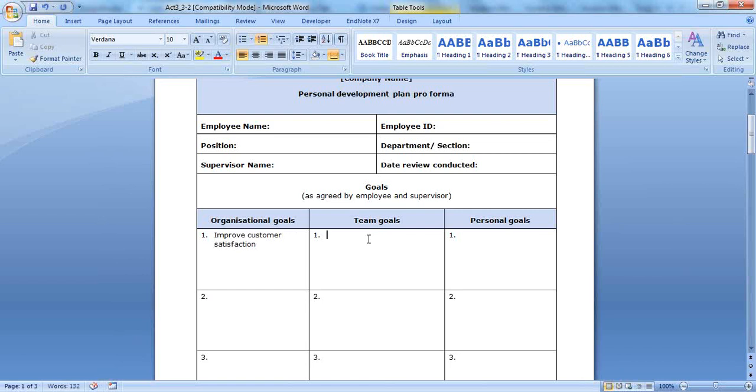So the team goal is to achieve a high rating with all customers. Now how's that going to actually relate to a personal goal? 90% positive satisfaction on customer engagement survey, for example.